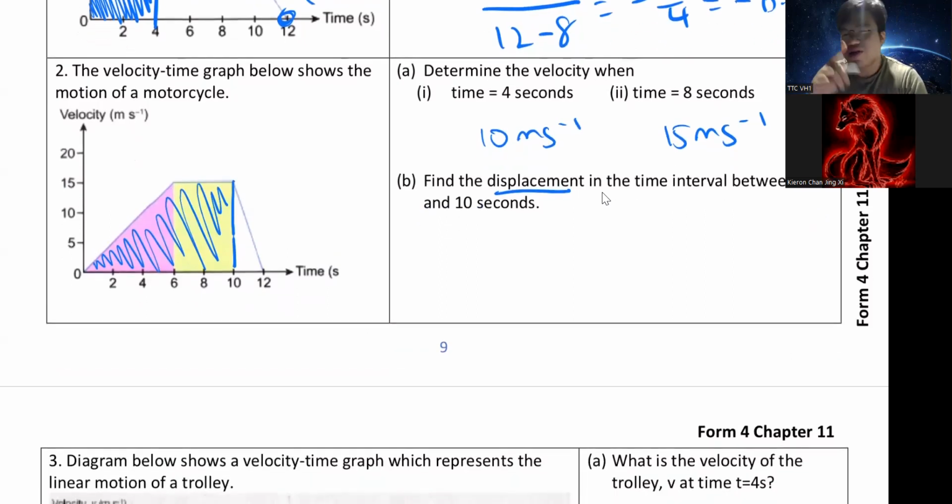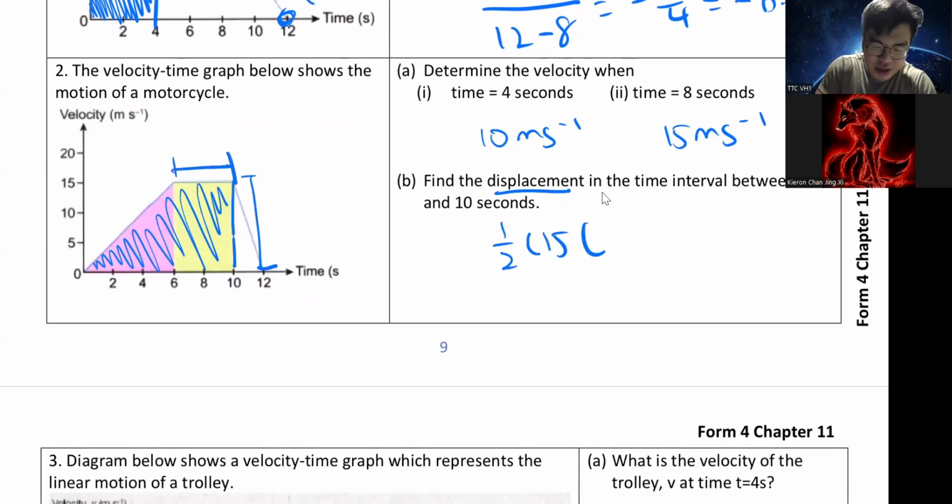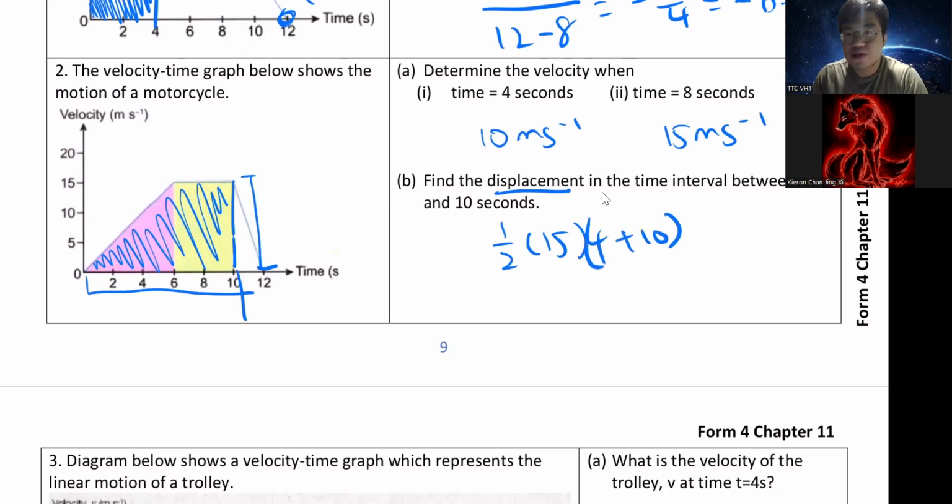Anything with two parallel sides and four sides is a trapezium. So 1 over 2, the height is 15. Sorry, A is 4. Then B is 10. So the answer is 105.